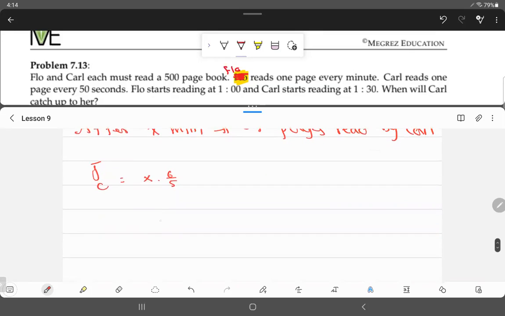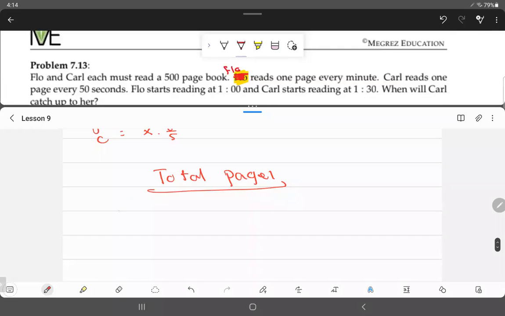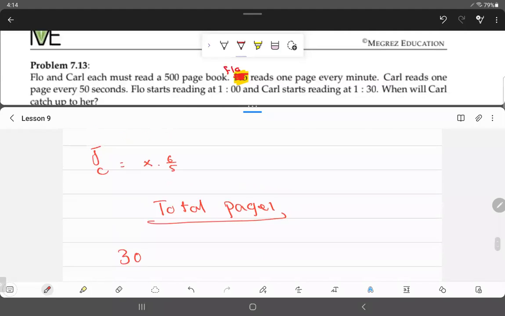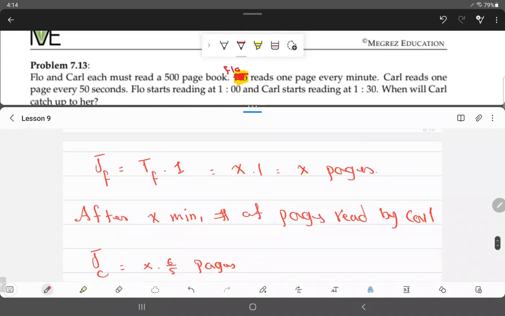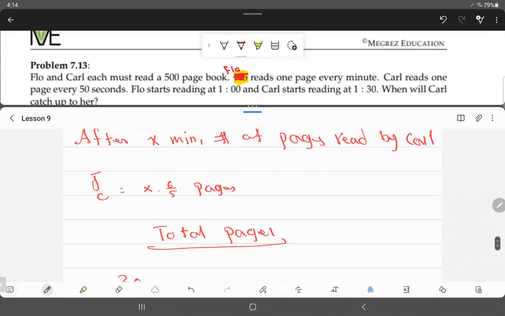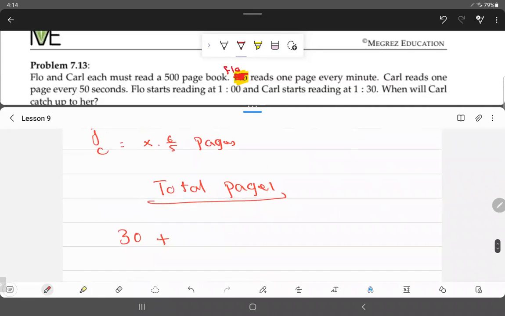So the total pages: Flo already did 30 pages in the first 30 minutes. Then it's going to be another X pages.